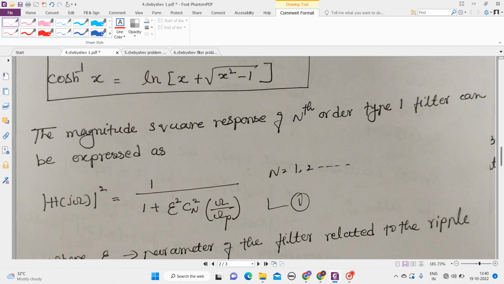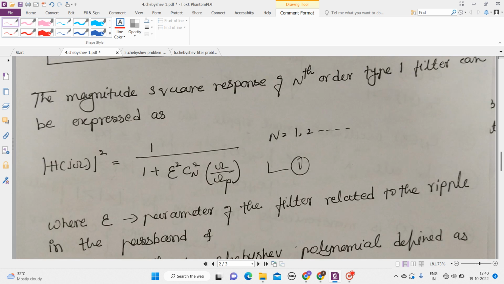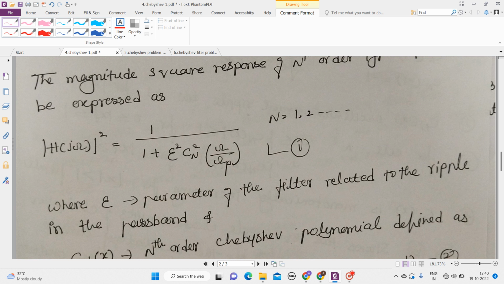The magnitude square response of an nth order type 1 filter, type 1 meaning all-pole filters, where the equiripple exists in the pass band, can be represented using equation 1. This is equation 1.